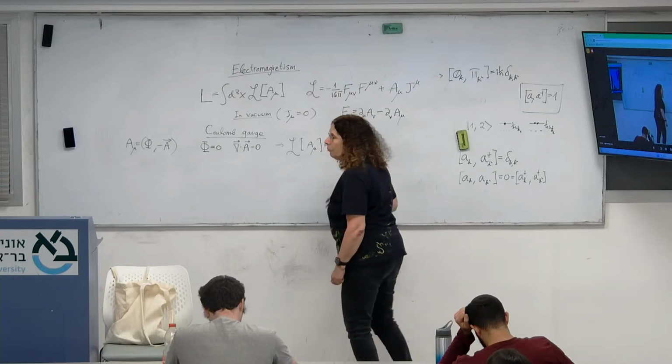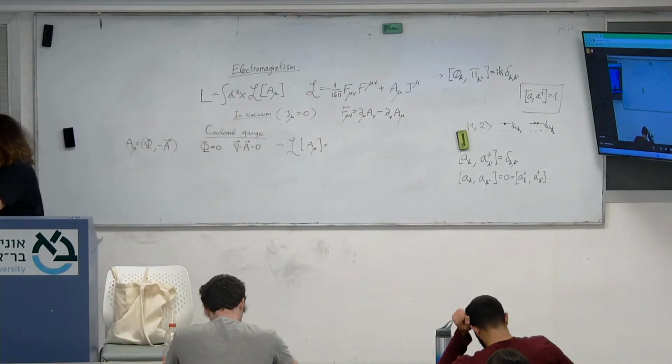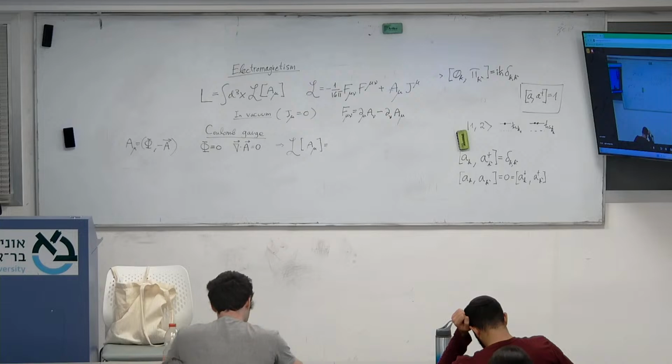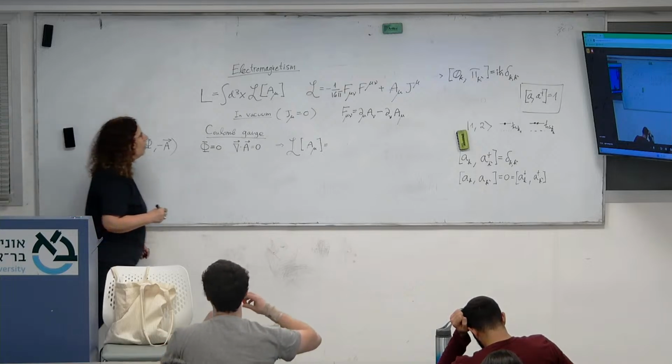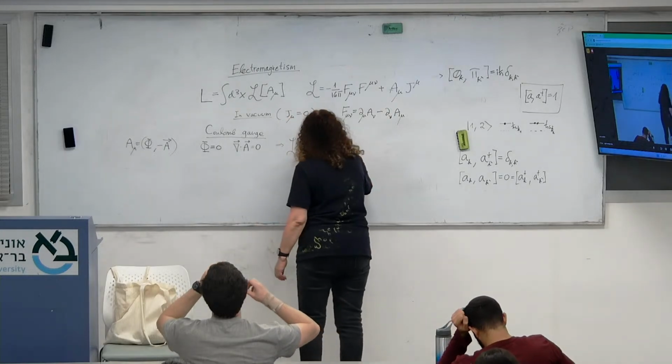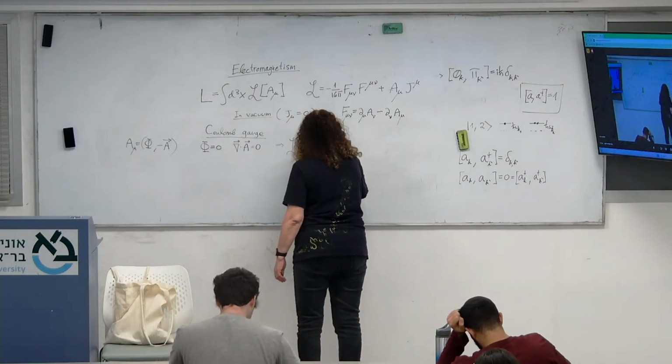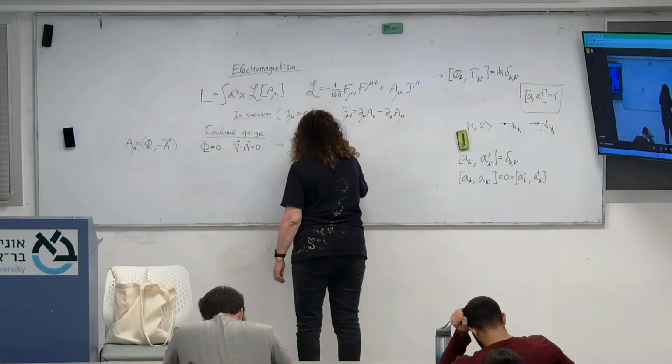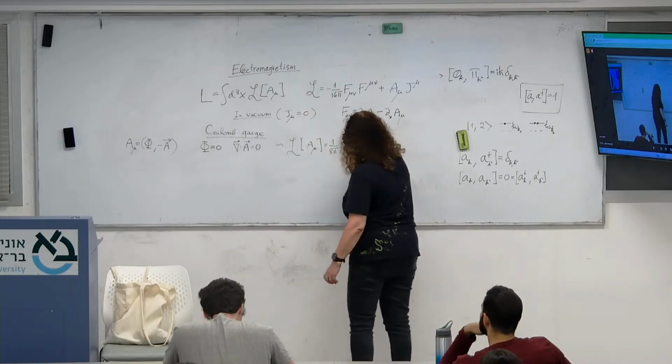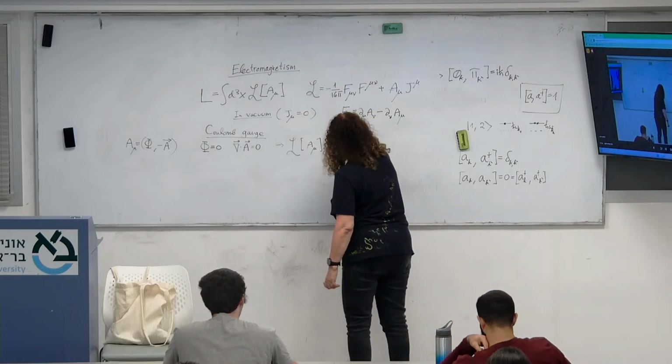Let me see if there are factors of half, maybe. Yeah, okay, so actually it's 1 over 8 pi.